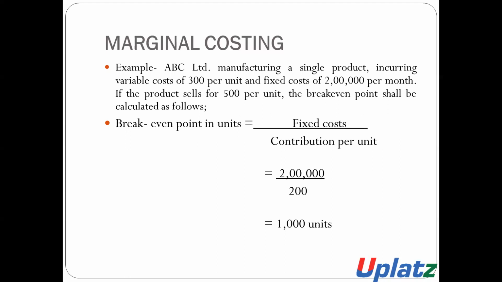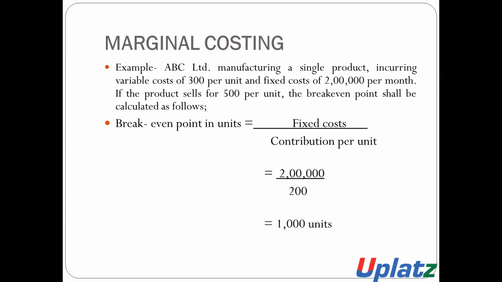Then the break-even point in units is equal to fixed cost 2 lakh divided by contribution per unit, which is 200, equal to 1000 units. The break-even point is 1000 units.